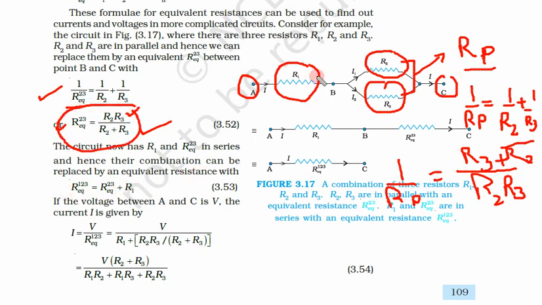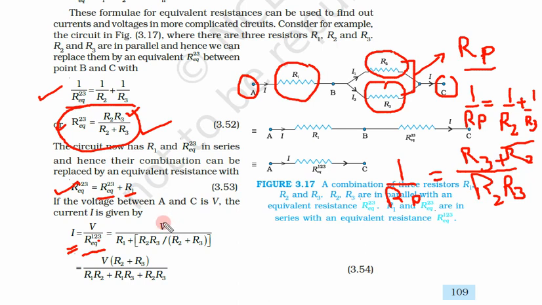Now what is the total equivalent resistance? The total equivalent resistance of 1, 2 and 3, all of them, is R1 plus this R equivalent. So again the current flowing is the total potential upon the total equivalent resistance, that means the equivalent resistance of 1, 2 and 3. So what is that?